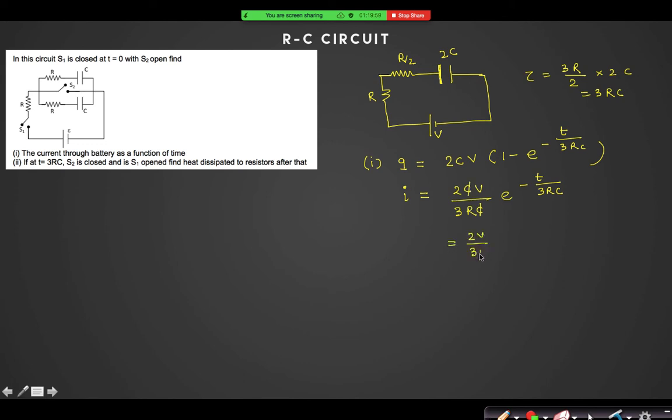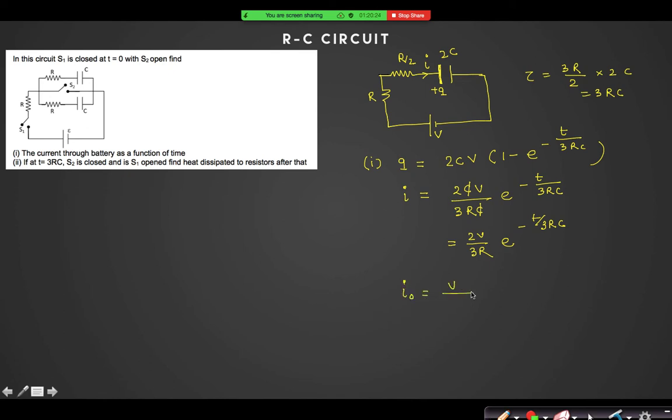Sir, can you explain the first equation once? Yes. I have assumed the charge to be Q here, and this current is I. Right? So at t equal to 0, if I write this equation, what is the current at t equal to 0?